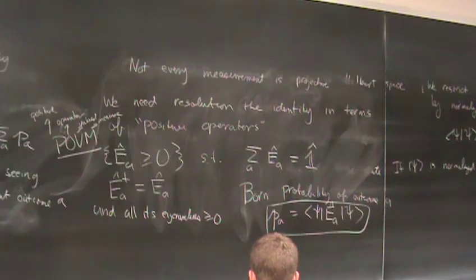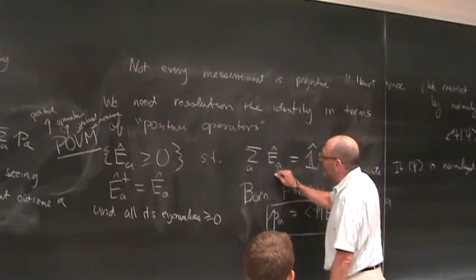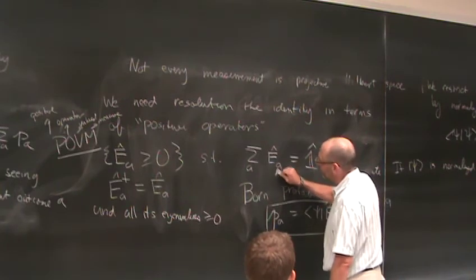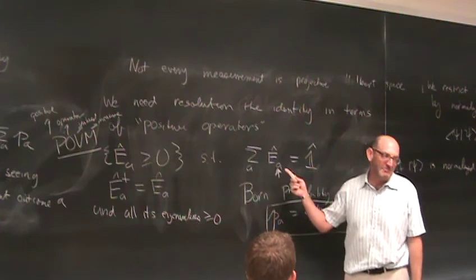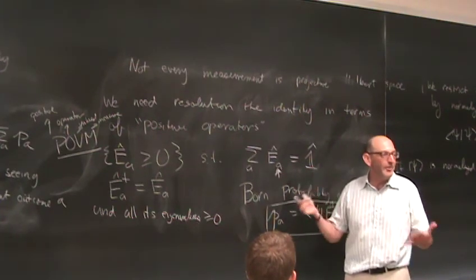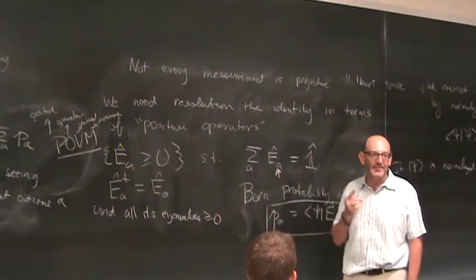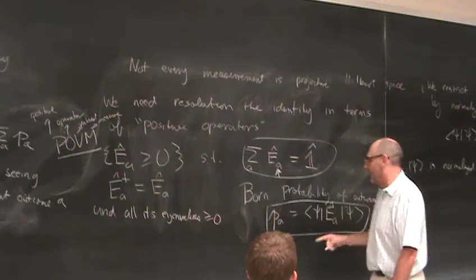General measurements, I'm not saying what these A's are. They're measurement outcomes. We'll look at examples of this as we go. But they're not necessarily the eigenvalues of a Hermitian operator. They're just the possible outcomes of the device. And if it satisfies this property, then I can assign probabilities.